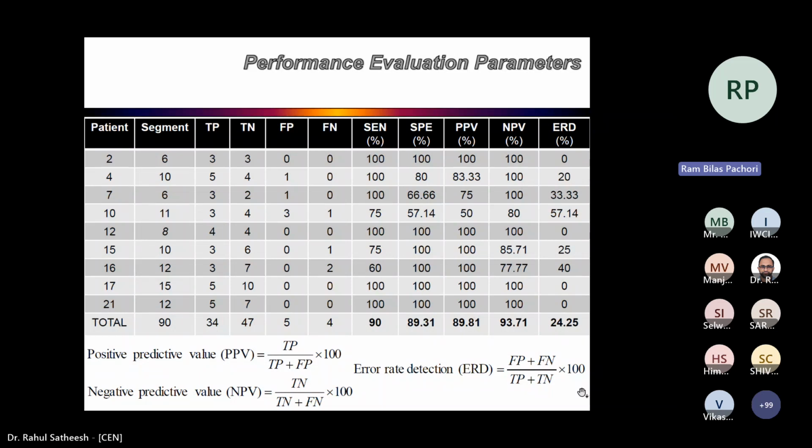On the other hand, ERD is expected to be low because it is an error, and ERD is coming out at 24.25%. So the results we are getting from our proposed framework are what we were expecting. They are in favor of the expectation, so these are desirable results. Next slide, please.